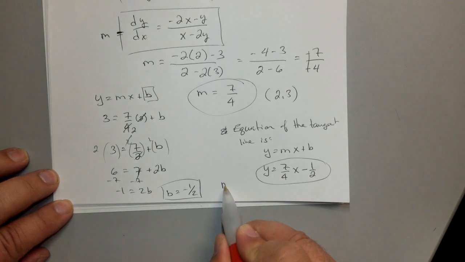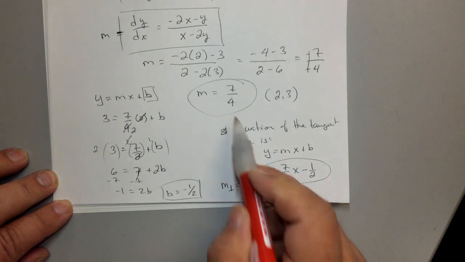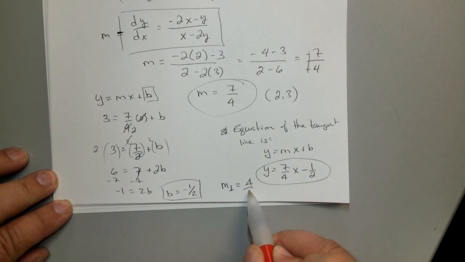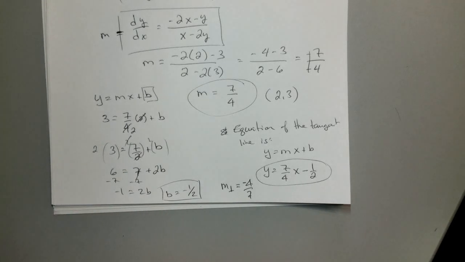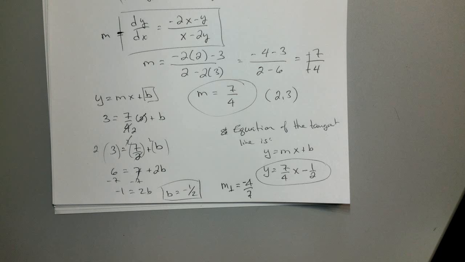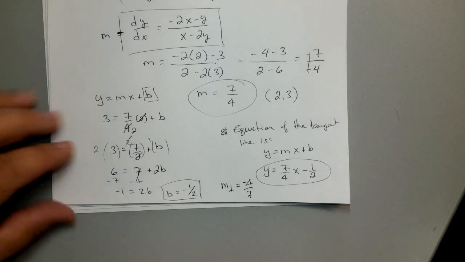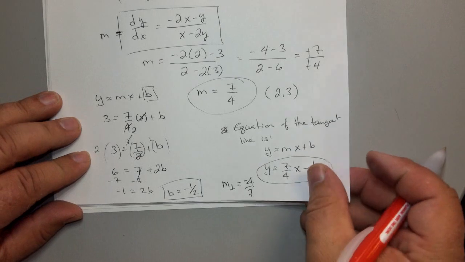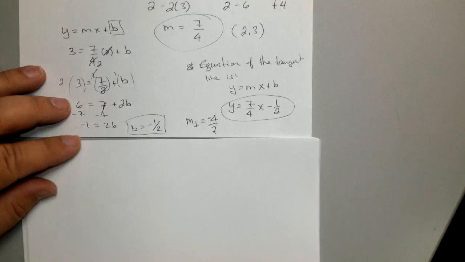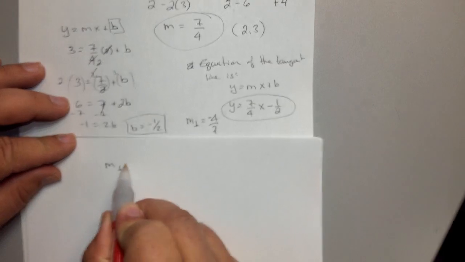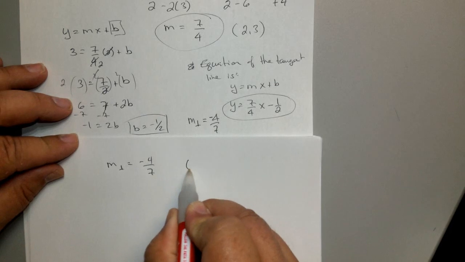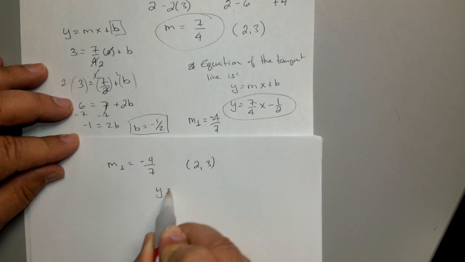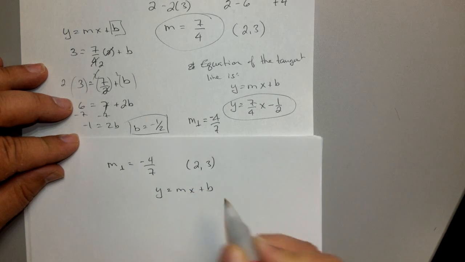So the perpendicular slope would be: flip the slope and change the sign. You would do the same thing. Plug it in there. Work it out? Why not? We have half an hour. We have the slope of the line normal to it, or orthogonal to it, and we have the point. We need to find the y-intercept.